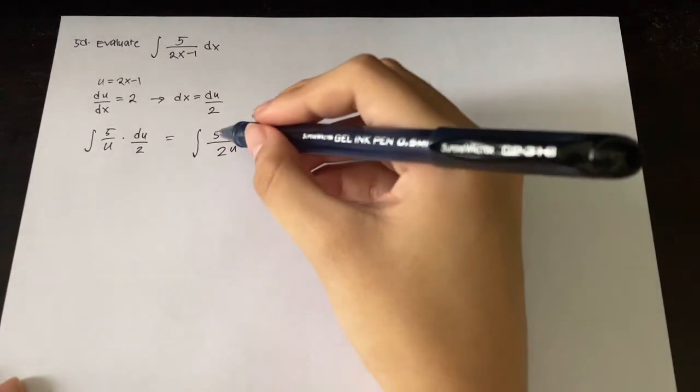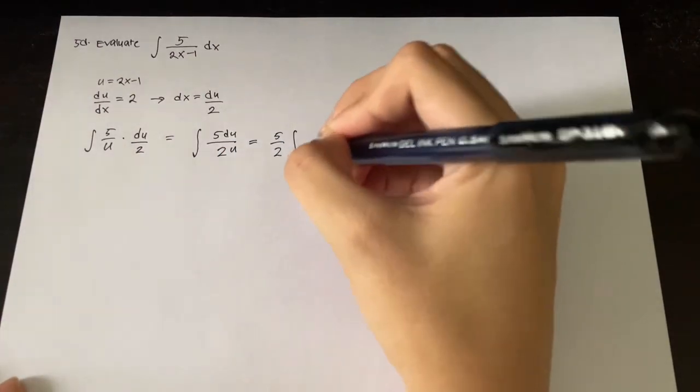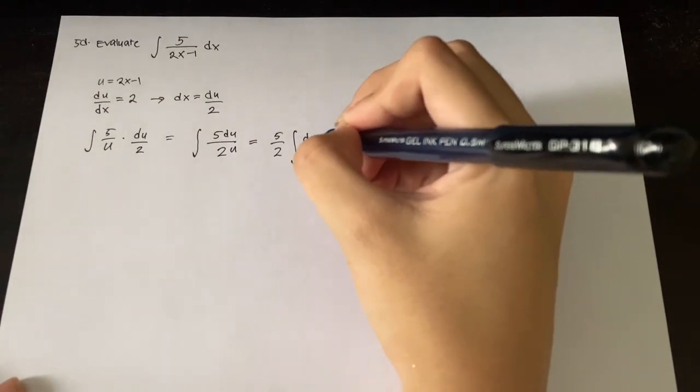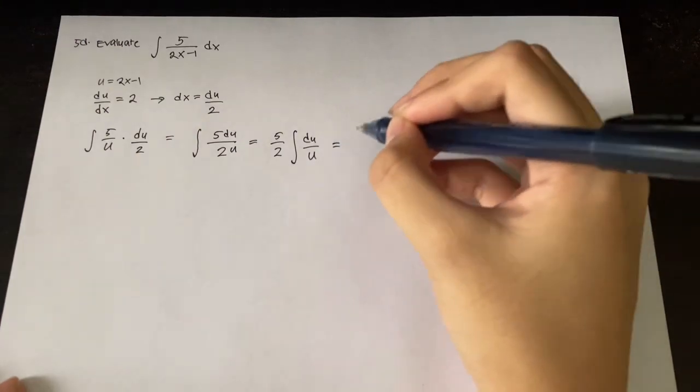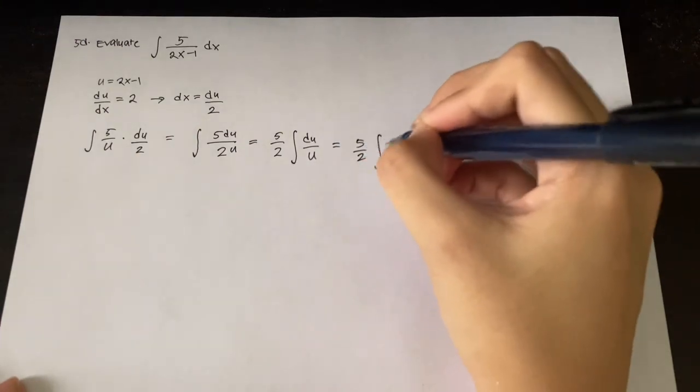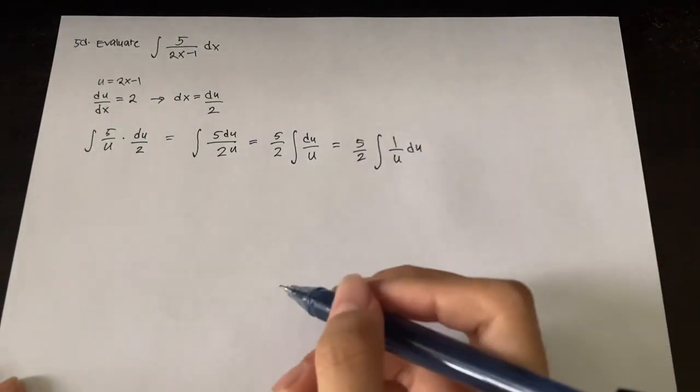And since 5 over 2 is a constant, we can take that out, so that would be 5 over 2 with the antiderivative of du over u. And then we can also make du over u 1 over u times du, which is essentially the same thing.